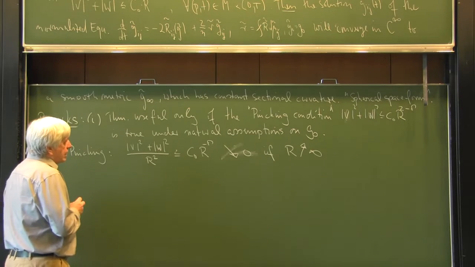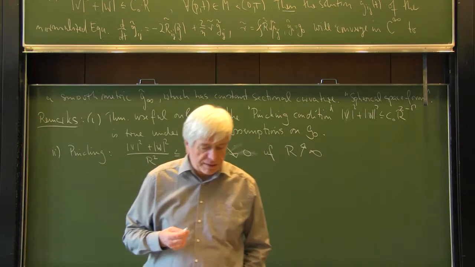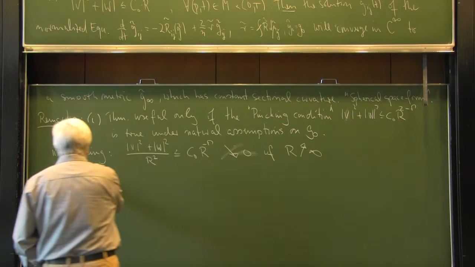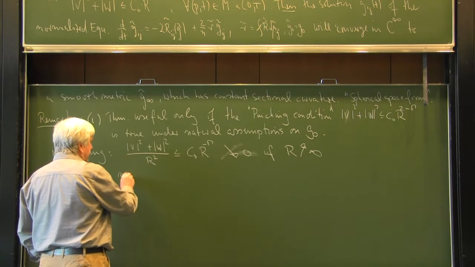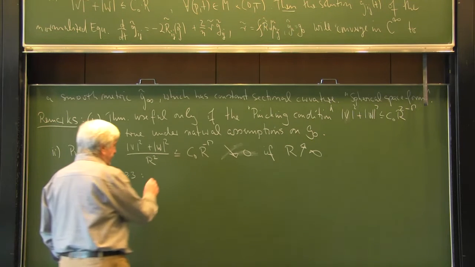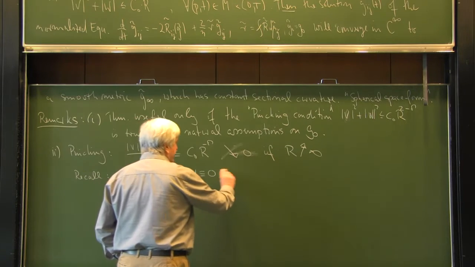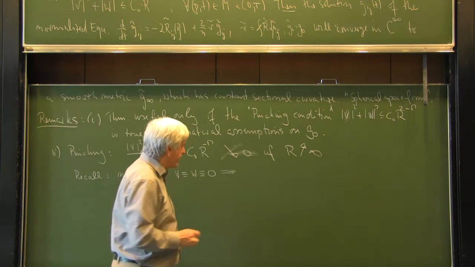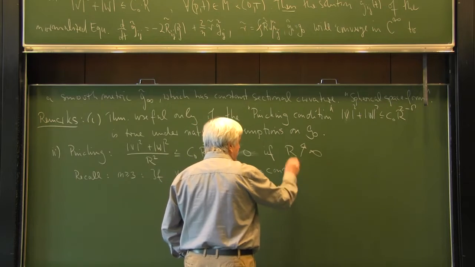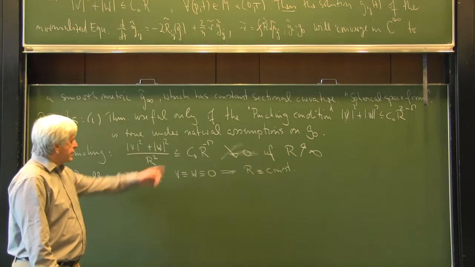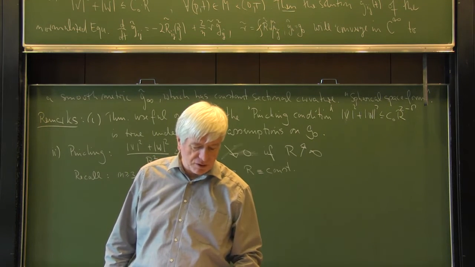And notice also that, of course, this only makes sense for n greater or equal than 3. Recall that for n greater than or equal to 3, if V and W are both 0, then we had shown from the Bianchi identity that then the scalar curvature has to be constant. Whereas this condition, of course, for the two-dimensional case is vacuous, it doesn't have any content.